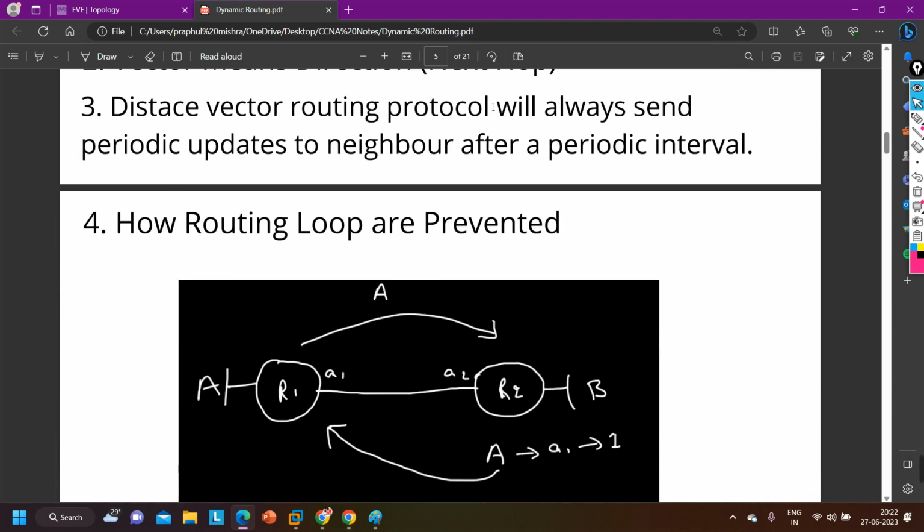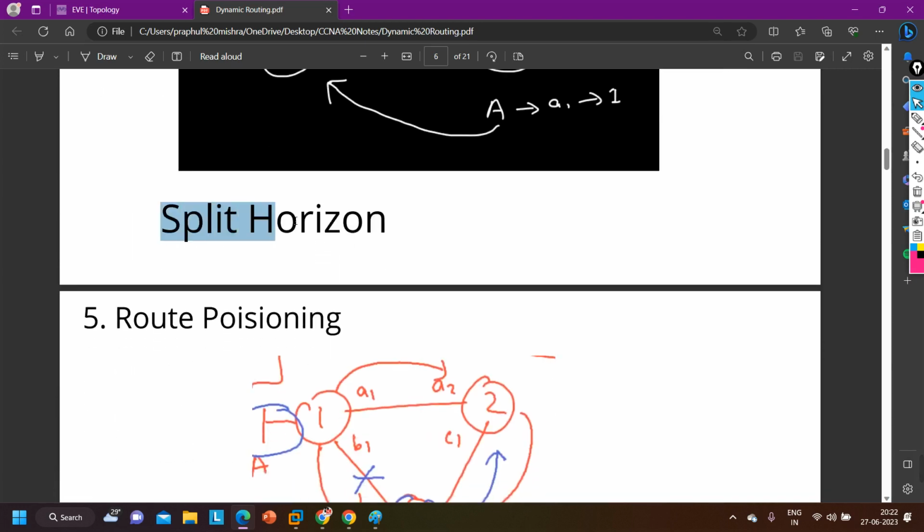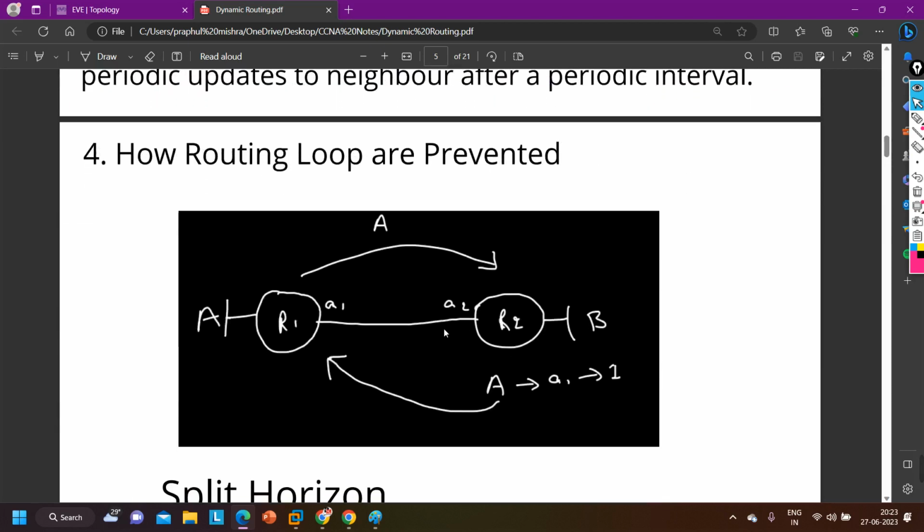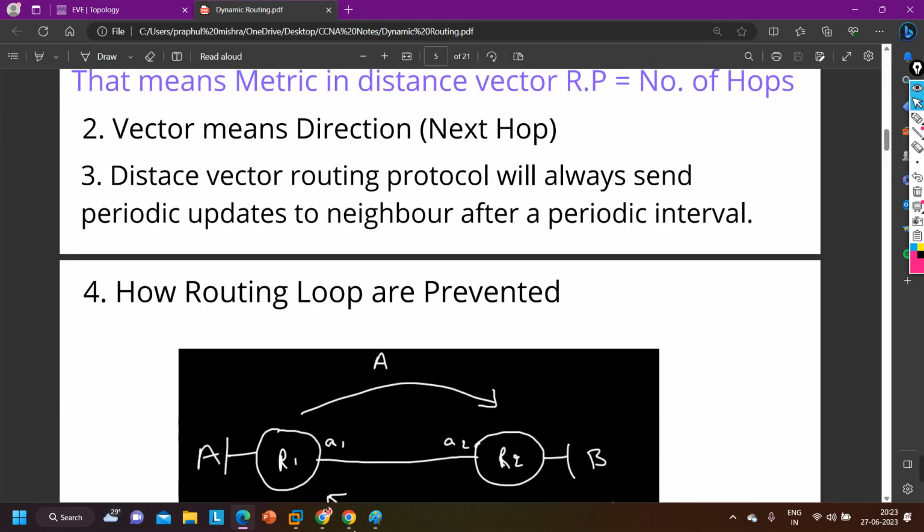Now in distance vector routing protocol, we have some loop avoidance mechanisms, like split horizon and route poisoning. We will understand both. Let me discuss split horizon now.